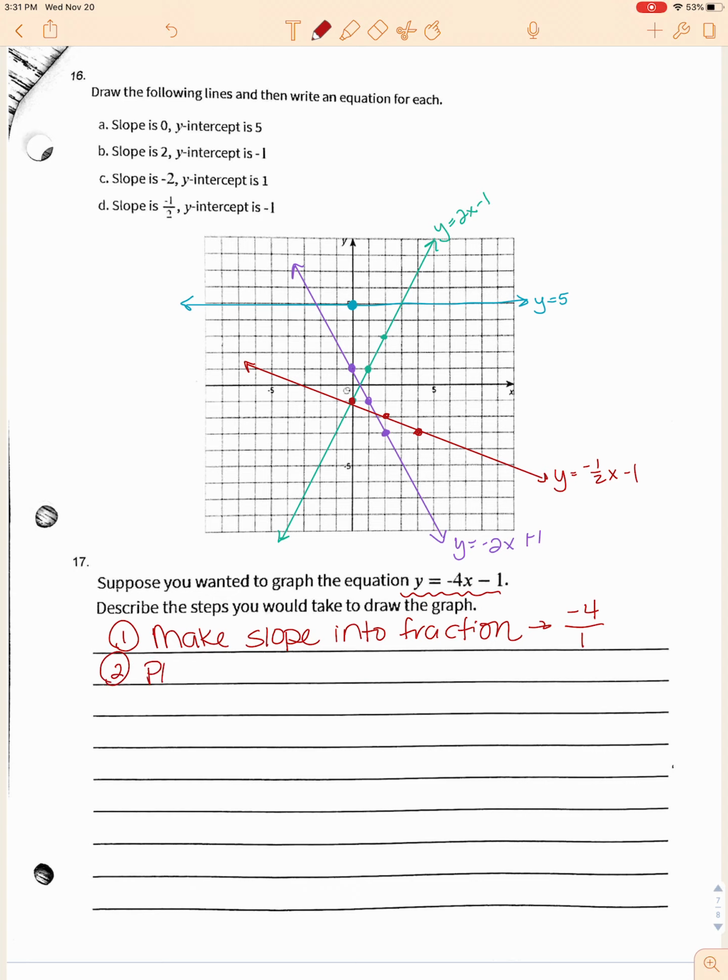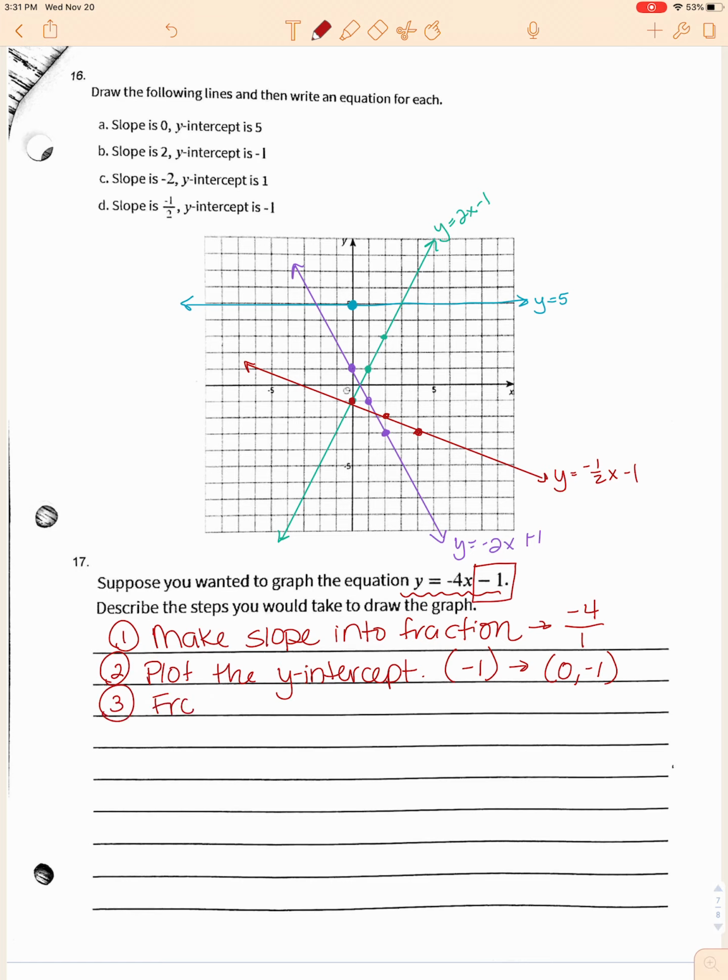Number 2 is I'm going to plot the y-intercept. So the y-intercept in this case would be a negative 1. That point is 0, negative 1. So I'm going to go to 0, negative 1, and plot the point.